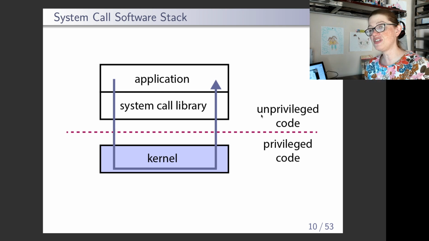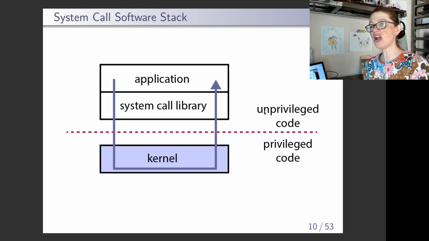CPUs actually have different privilege levels. Now, our CPU, the R3000, has 2 privilege levels that we can use. We have unprivileged mode and we have privileged mode. When we are executing kernel code, we will run in privileged mode. And only kernel code can run in this way. The user program runs in unprivileged mode.